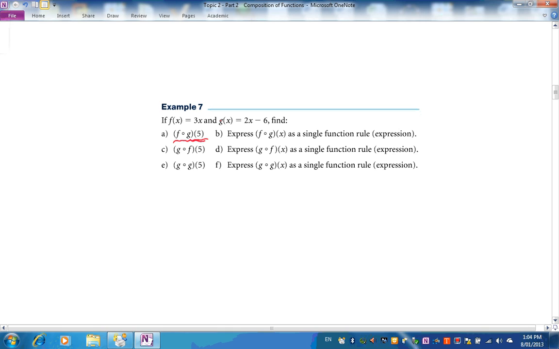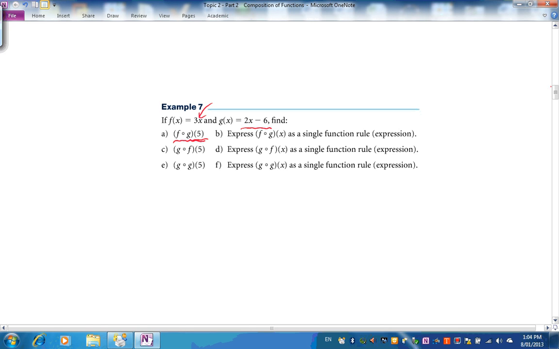So you might like to try to do that. g of 5 would mean replacing x equal to 5 in here, get an answer, and then that answer f is going to operate on. And f is going to multiply it by 3. Right, have a go at that.